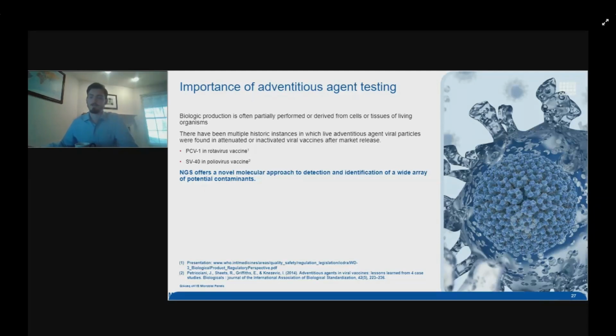But the point is, with the content of the viruses in these panels, you could easily accidentally end up with these viruses in your bioreactor batch. And it's not something that you want to risk putting into patients, because we don't necessarily fully know the effects. So there is interest in having bulk level testing of batches before they're filled into vials, to make sure that they don't contain these viruses and things like that.